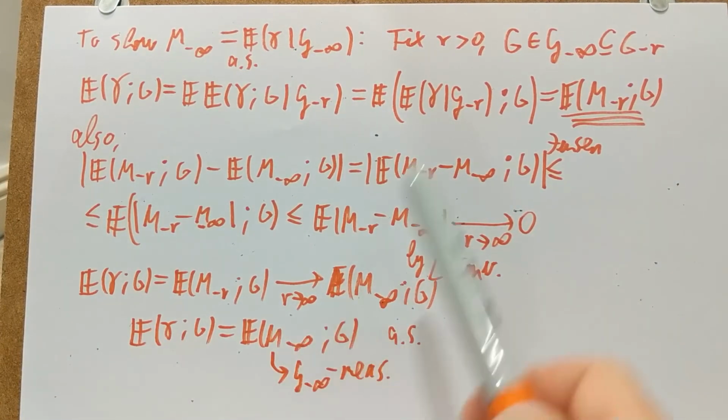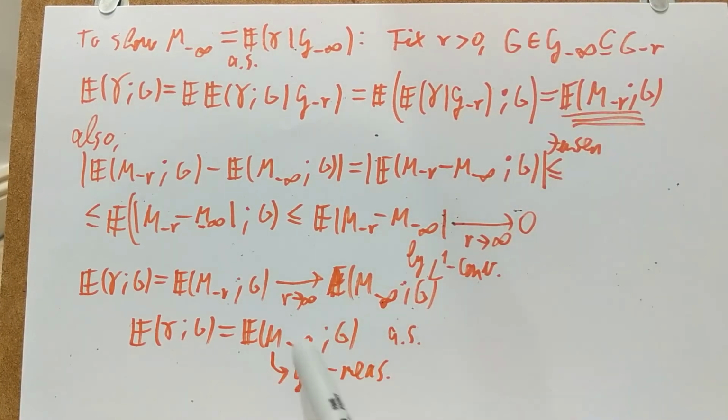Okay, G is an arbitrary subset of G_{-∞} at this point, and so what we see is that we found a G_{-∞} measurable random variable such that for any G in G_{-∞} we have this equality.